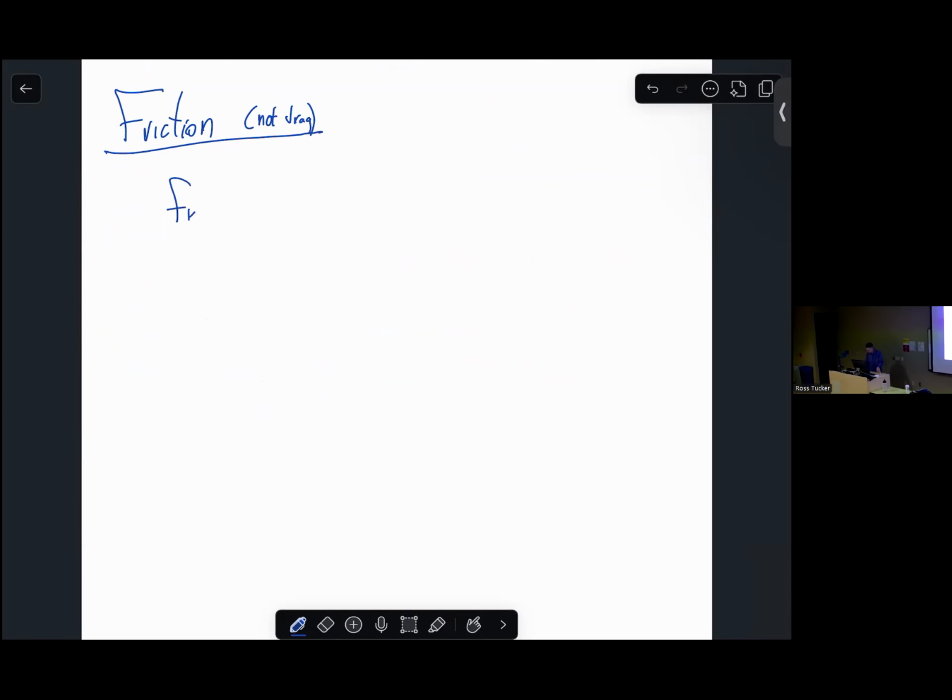F_k, the K stands for kinetic. Kinetic friction. Leave a little space if you're writing this in your notes. There are words that I'm going to put under each. And F_s, static friction.